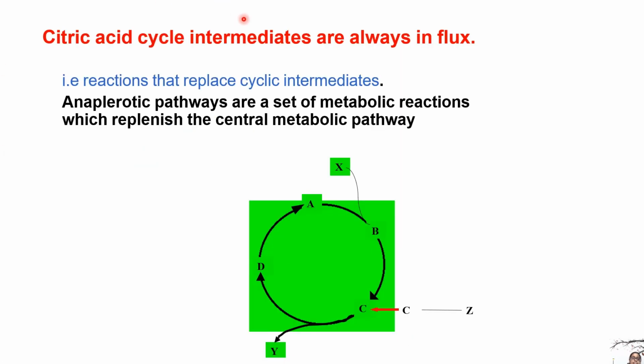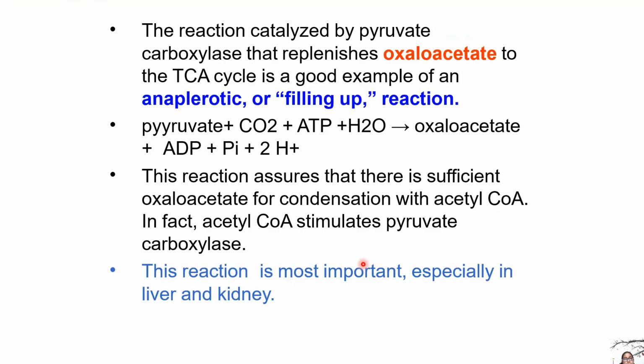Now, citric acid cycle intermediates are always in flux. That is, anaplerotic reactions are a set of metabolic reactions which replace intermediates of the central metabolic pathway. So you see, the citric acid cycle is always in flux. The reaction catalyzed by pyruvate carboxylase that replenishes oxaloacetate to the TCA cycle is a good example of an anaplerotic, or filling up, reaction, right?